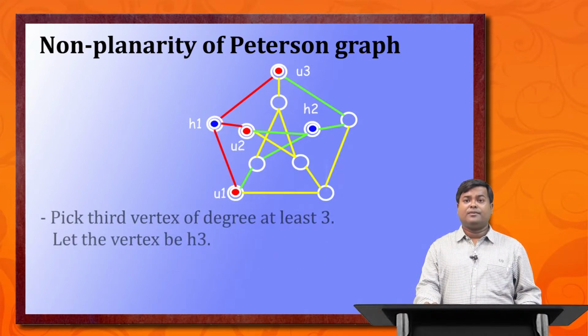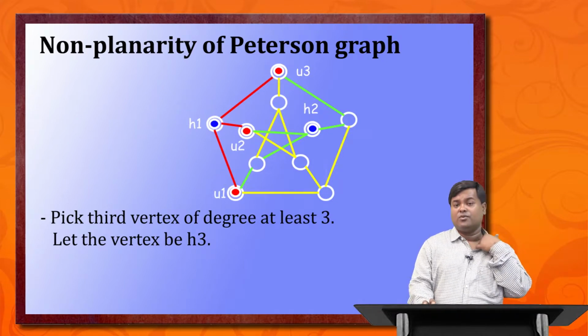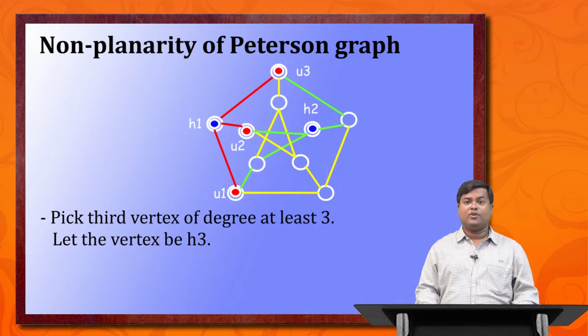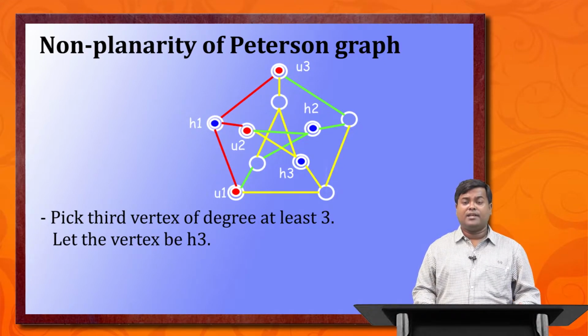Okay, now we need another vertex. Let's find another vertex having degree 3, and let's say we mark it as H3. We have marked it in blue.